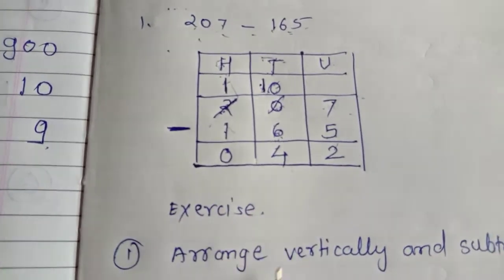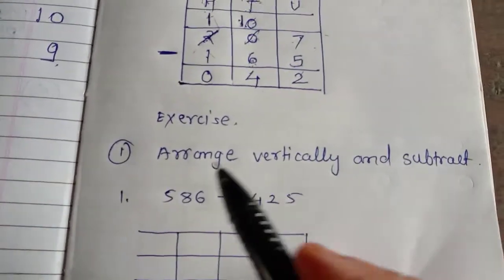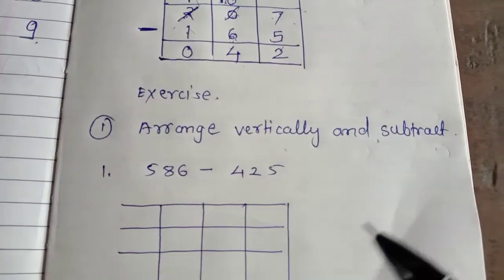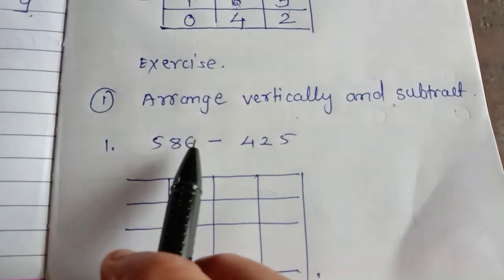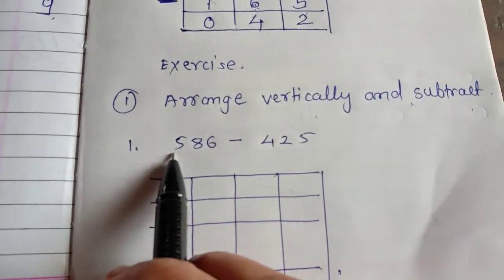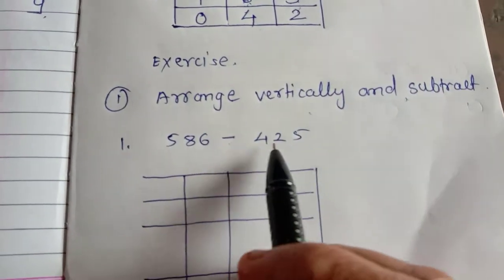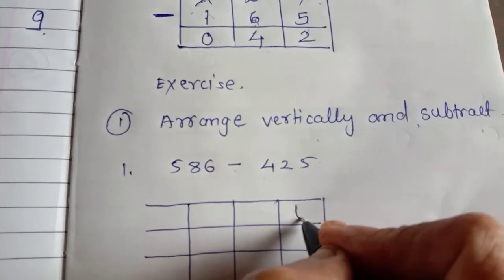You can subtract next. Also look here, exercise: arrange vertically and subtract. Sum is that 586 minus 425. So what do you do first? Write down the column.